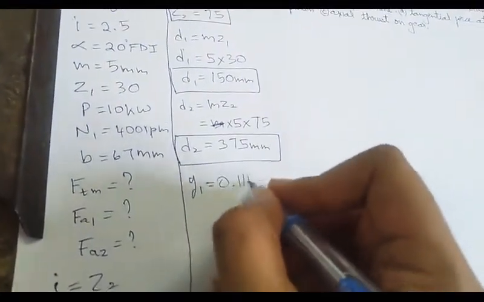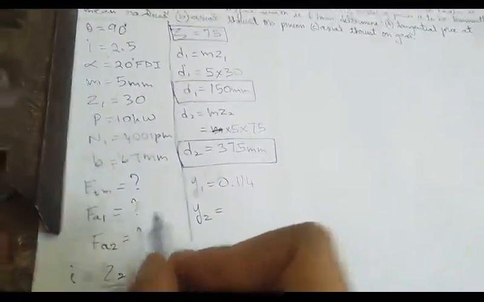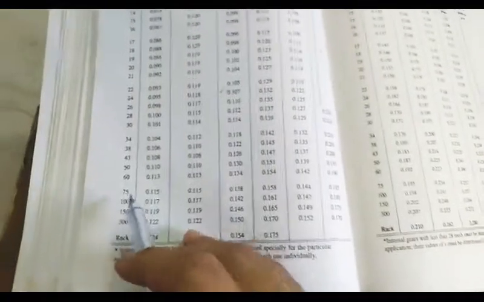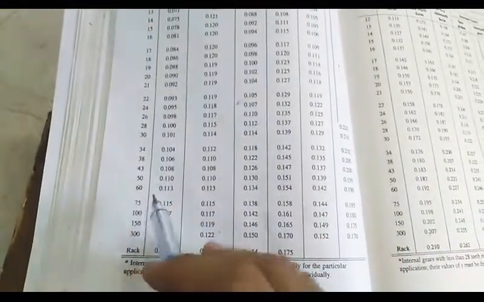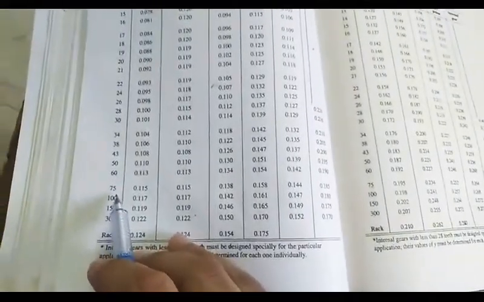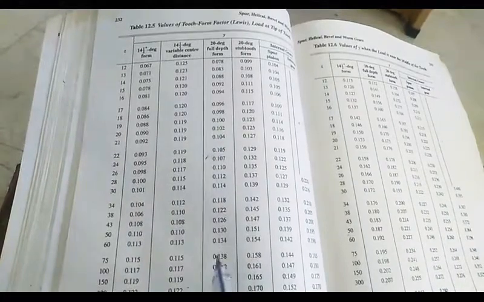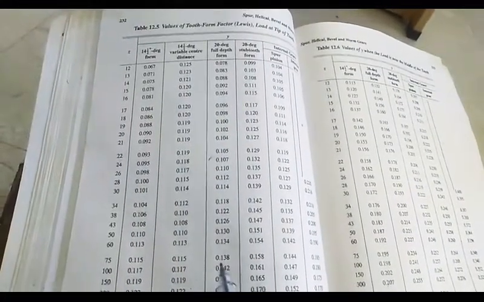Similarly for y2, the number of teeth is 75, and for 20 degree full depth involute 75, we shall take y2 as 0.138.